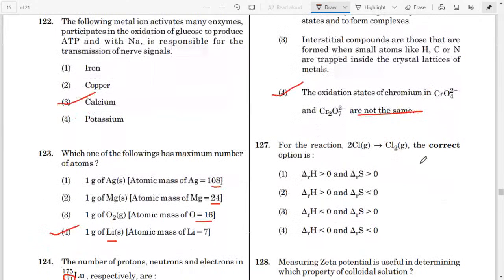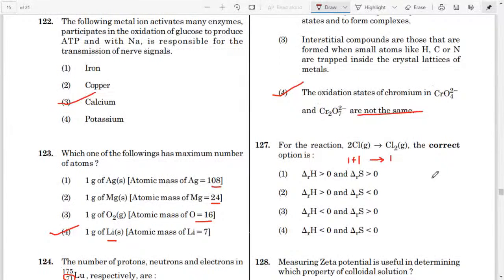Next, for the reaction of chlorine gas to chlorine Cl2, 1 plus 1 is going to give 1. Here entropy decreases.